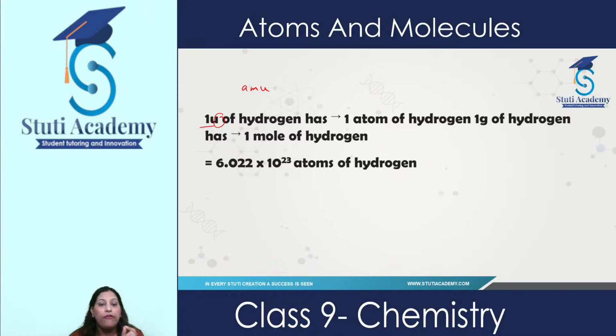So 1 U of hydrogen has 1 atom of hydrogen, or we can say it contains 1 gram of hydrogen or 1 mole of hydrogen. So they all are equivalent to 6.022 into 10 raised to power 23 atoms of hydrogen, which is the Avogadro number, represented by the symbol N0.